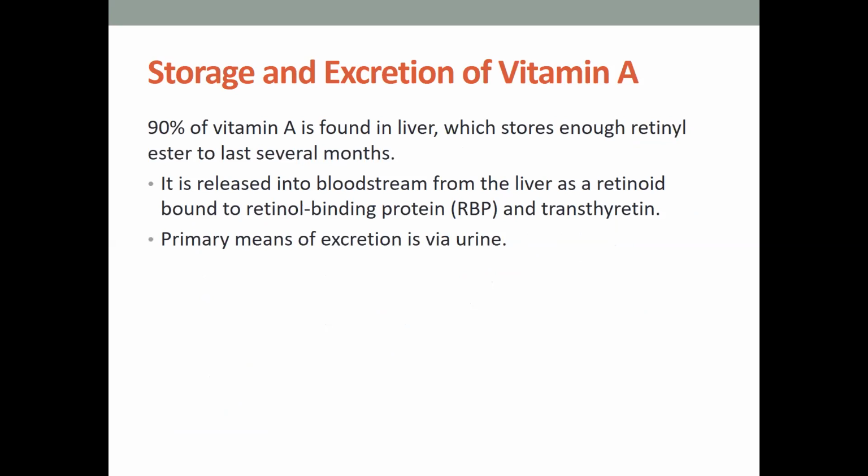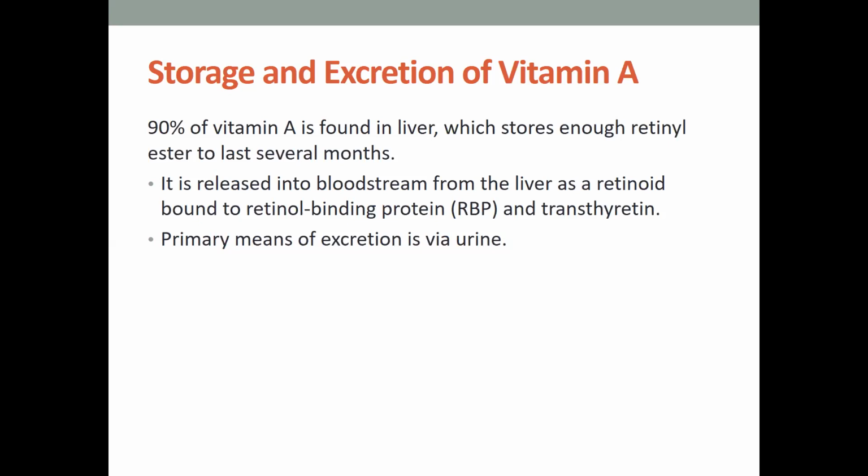A little more about storage and excretion. 90% of vitamin A is found in the liver, so you probably have some in there right now. Your liver stores enough retinol ester to last several months. So you could theoretically have a big dose of vitamin A, especially one of those provitamin forms, and then not eat it again for a few months.